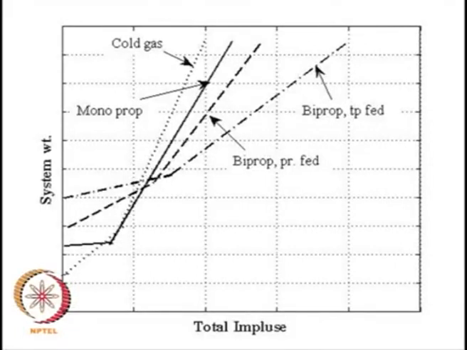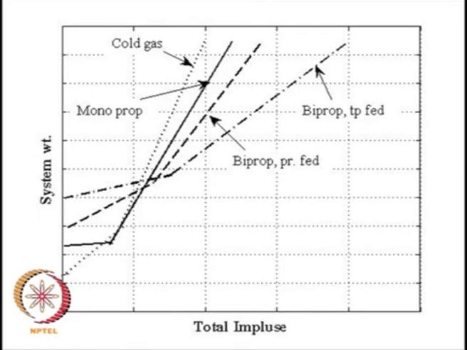Now if you see, this x axis is total impulse and y axis is system weight. Okay. If you see this, if you can use cold gas for certain applications, that is when the impulse requirement is very small, then this becomes a very good system, right.